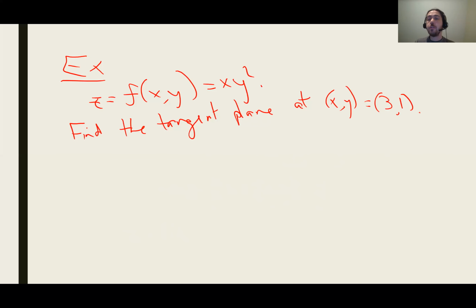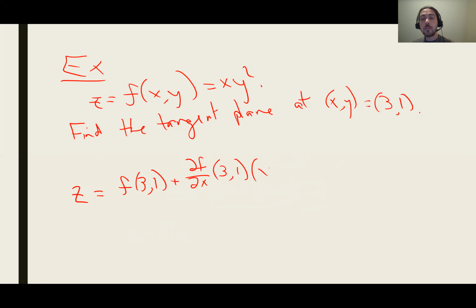So what we have to do is say our tangent plane is given by the formula z is equal to f of 3, 1 plus del f del x evaluated at the position 3, 1 times x minus 3 plus del f del y at 3, 1 evaluated at y minus 1.